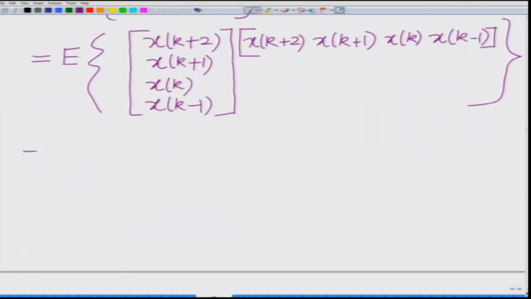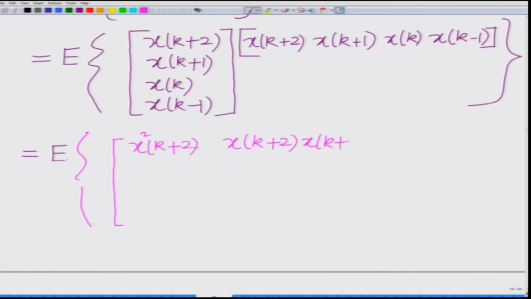Now, this will be equal to the expected value of the matrix whose diagonal elements are x squared: x_{k+2} squared, x_{k+1} squared, and so on.